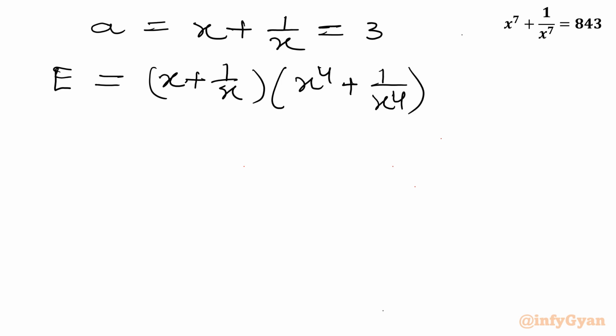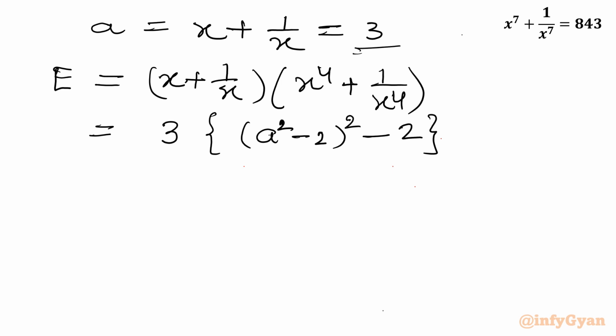Now I will put only the values. So x plus 1 over x is 3. Done. Now this value was, let me write, a square minus 2 whole square minus 2.